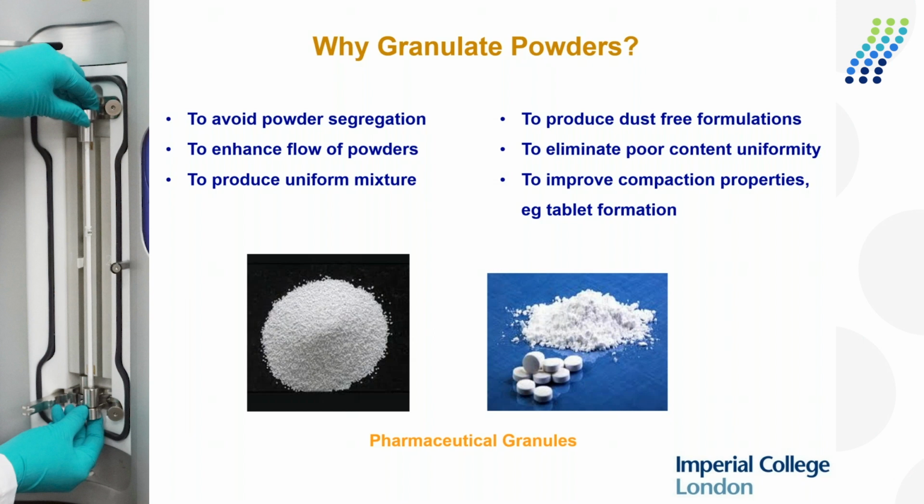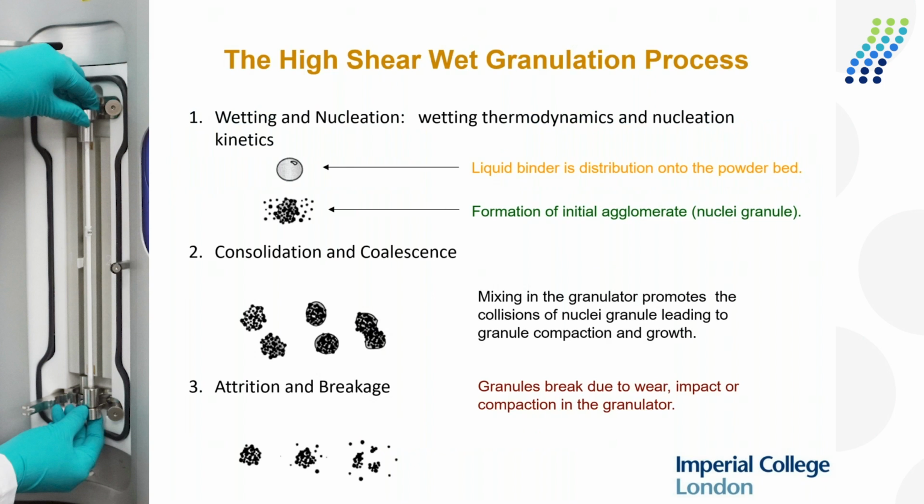I thought I should give you a very brief introduction to high shear wet granulation processes. There are effectively 3 steps to high shear wet granulation processes. The initial process is when a droplet of liquid, which we call a liquid binder, is typically sprayed onto the powder bed. Following mixing, we form the initial aggregates, sometimes called nuclei granules.